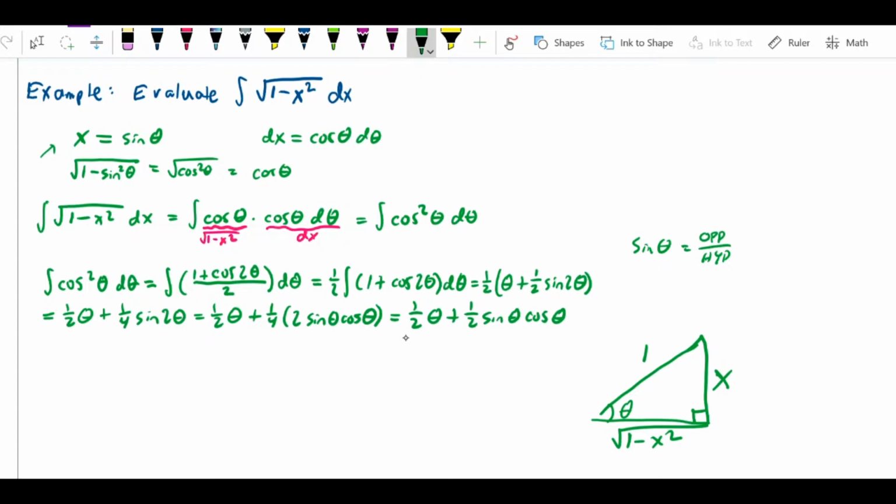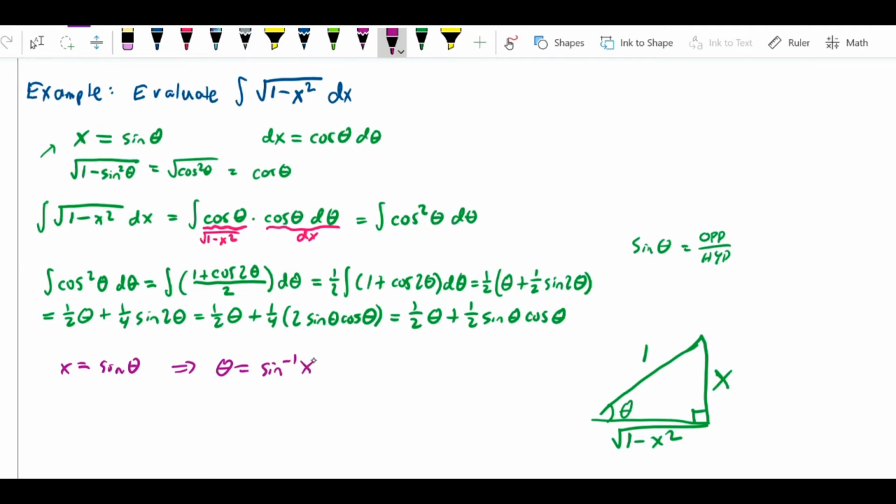So first of all, let's do theta itself. Since x equals sine theta, for the reasons discussed last time, that means that theta is equal to arc sine of x.